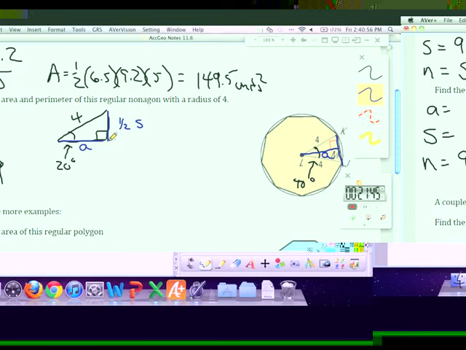I'm going to need someone with a calculator to play along here because I don't have one in front of me. So someone please solve this Pythagorean theorem. 4.6. So if x is 4.6, what's the length of the side?